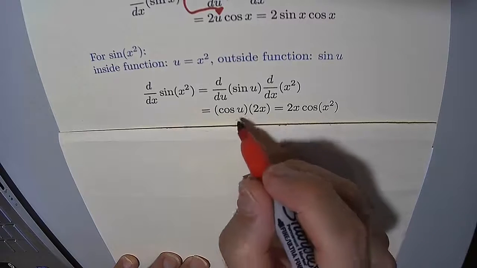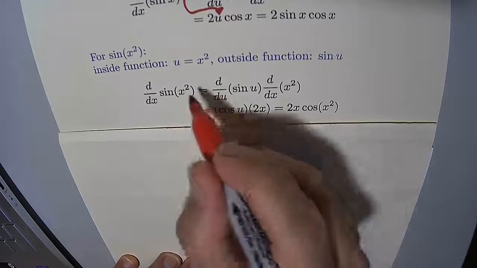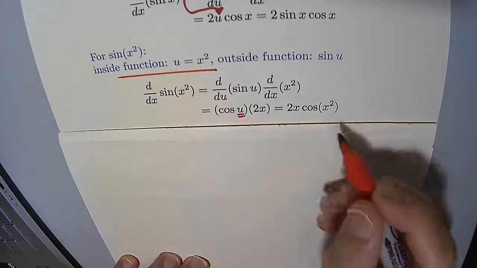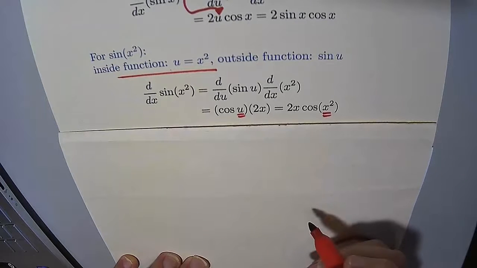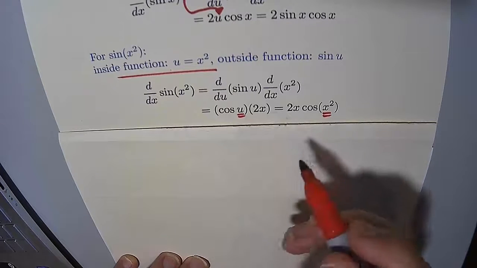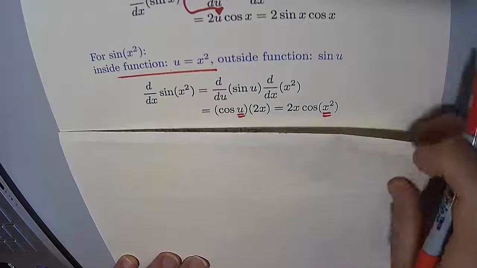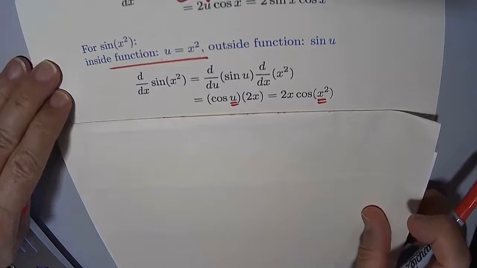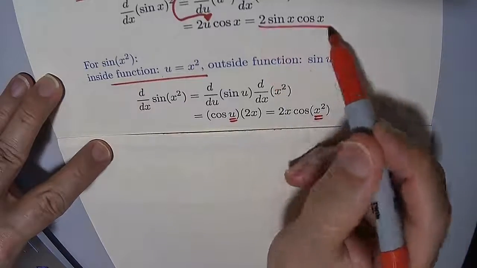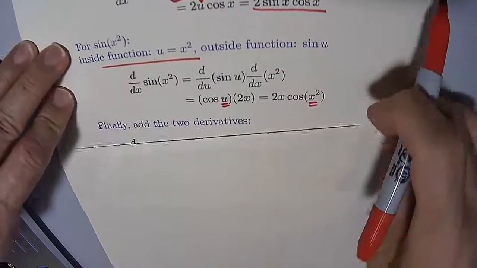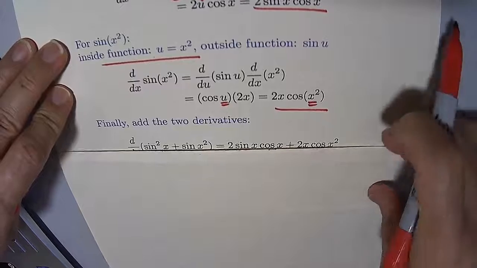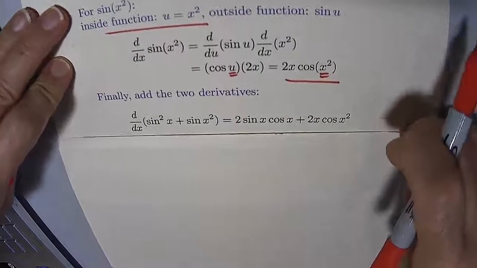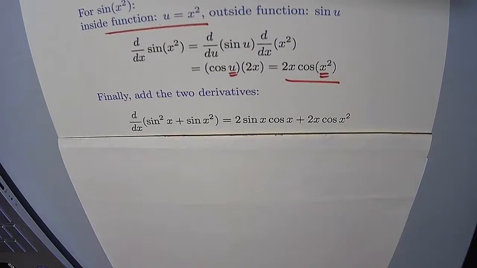And since u is x squared, we put that back in, and we get 2x cosine of x squared as the derivative of sine of x squared. Then we add the two answers to get the derivative of the total and the answer to this problem.